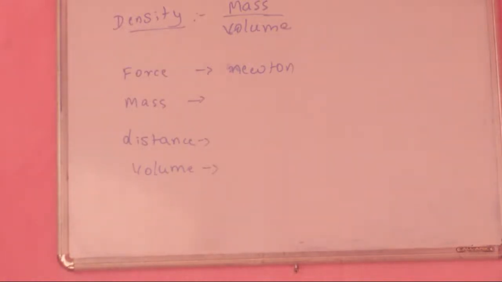SI unit of force is Newton. Then what is the SI unit of mass, distance and volume? First one is mass, second one is distance, third one is volume. Most of you are commenting only for mass and distance.